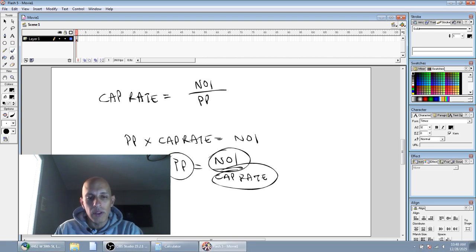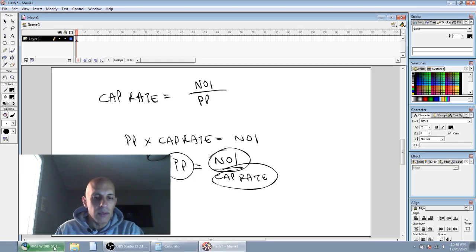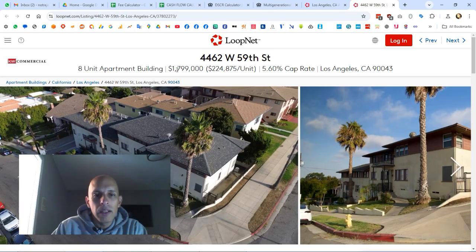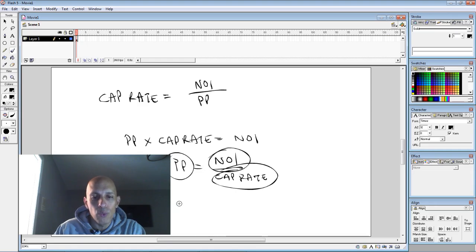So whatever it is, an office building, things of that nature, commercial real estate, if you go by that, you'll be able to come up with a good purchase price. Another way to use this is, let's say you want a certain cap rate.